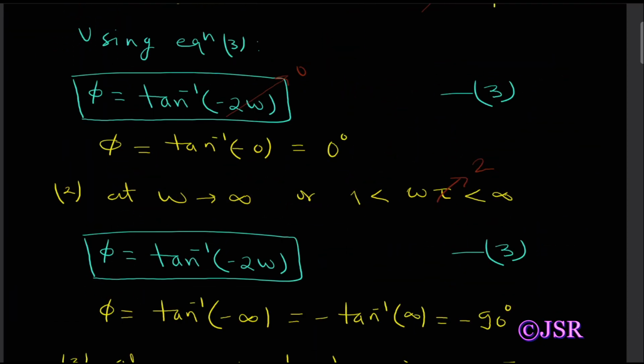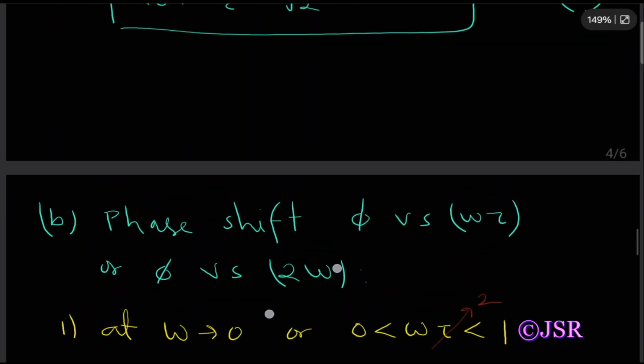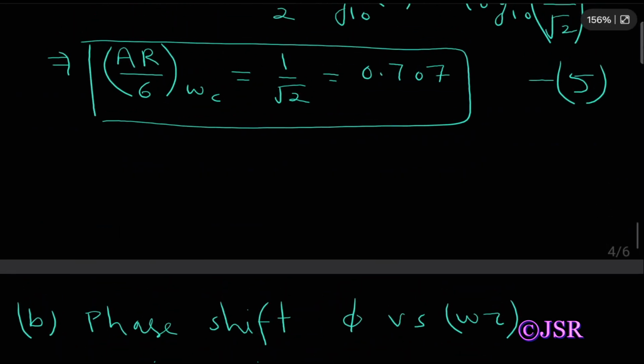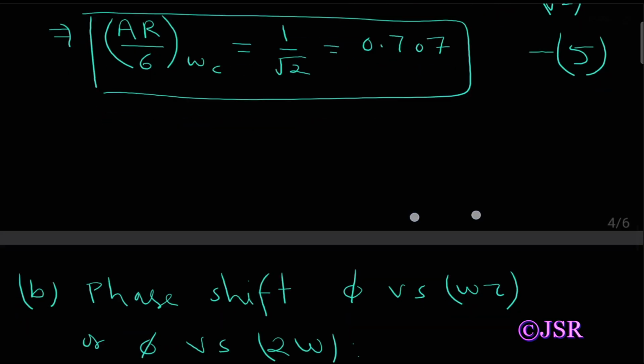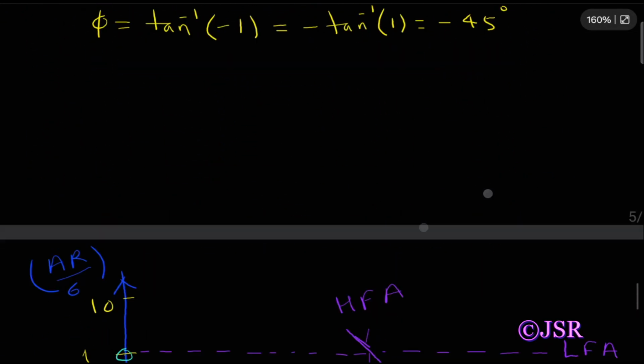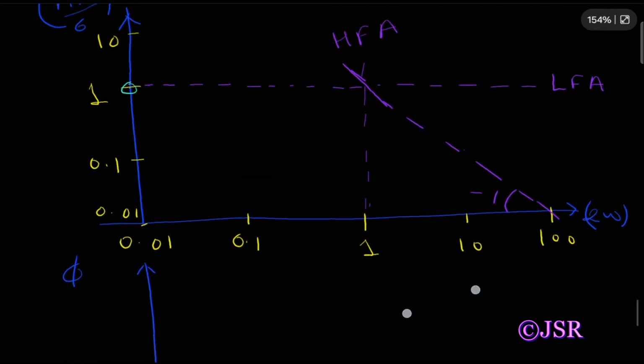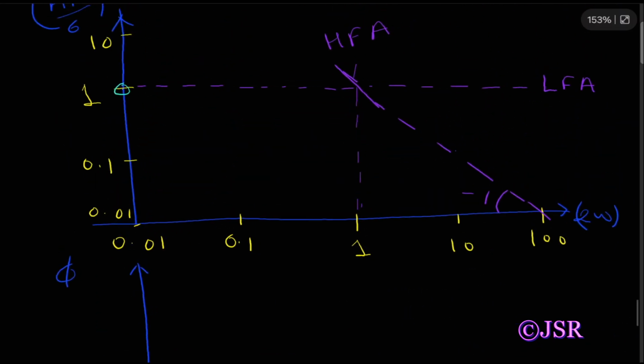So at the corner frequency 2 omega is equal to 1, and as per equation number 5, AR by 6 at the corner frequency is equal to 1 by under root 2, and that is 0.707.